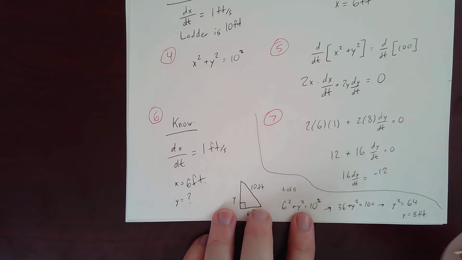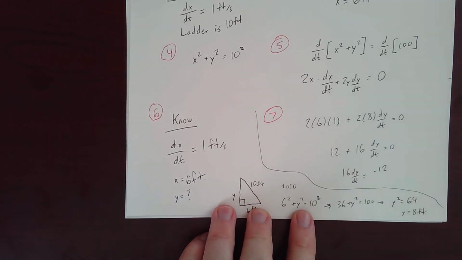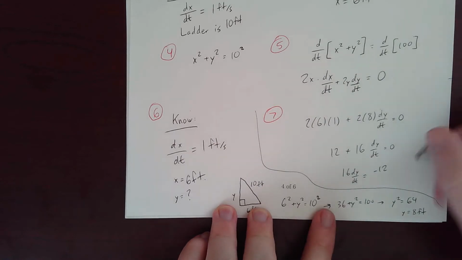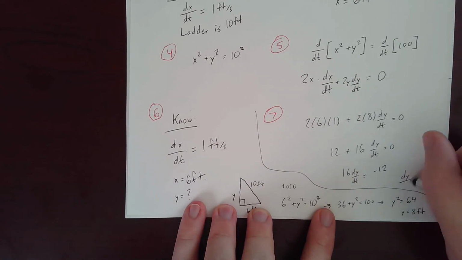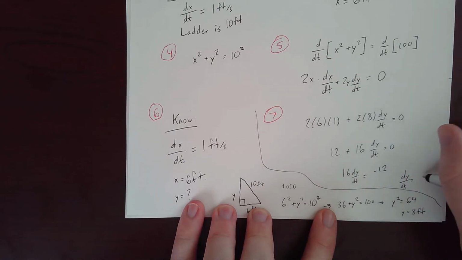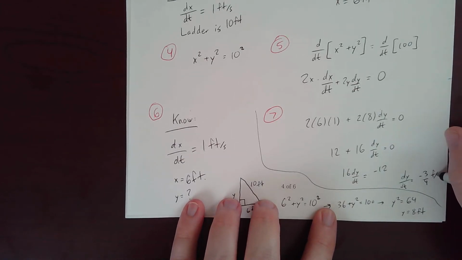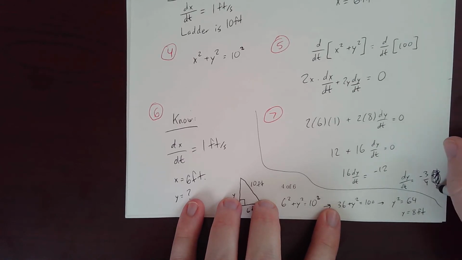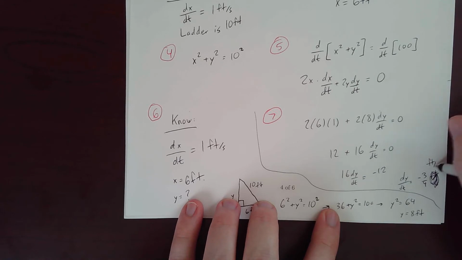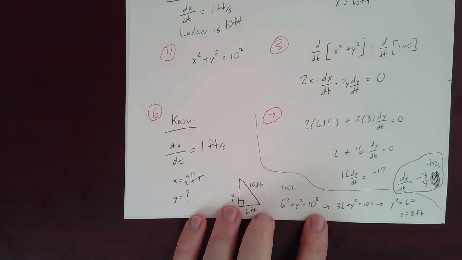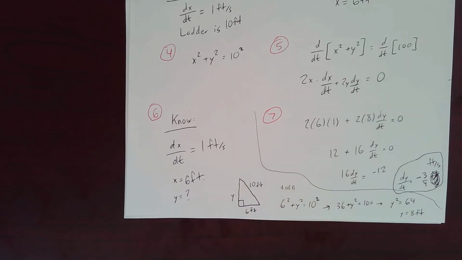And then dividing both sides by 16, we'll end up with dy/dt equals negative 3/4 feet per second. Which we expected to be negative because we know that y should be decreasing. So that matches up with our expectations.